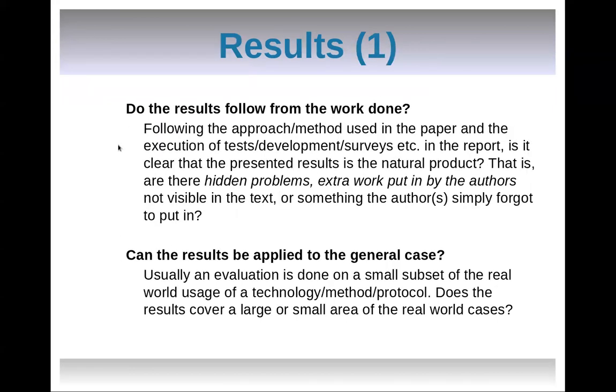And then the result: does it make sense? Does it really follow from the work done and the methods presented? Can the results be generalized? Have they included all results? Have they skipped something that should have been included? Results are a bit tricky.